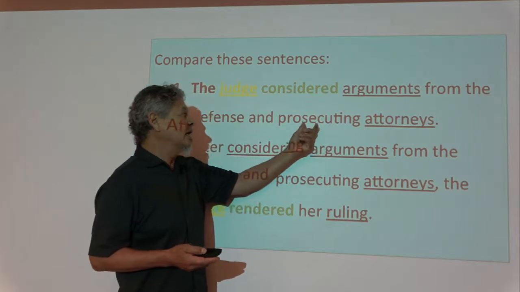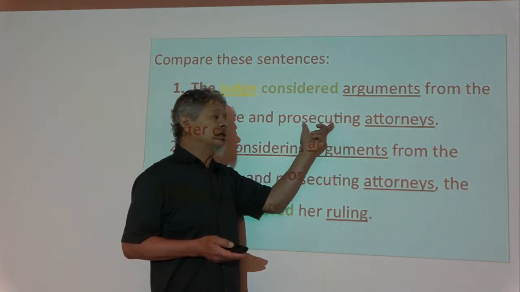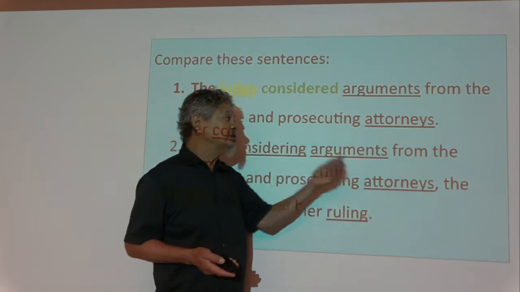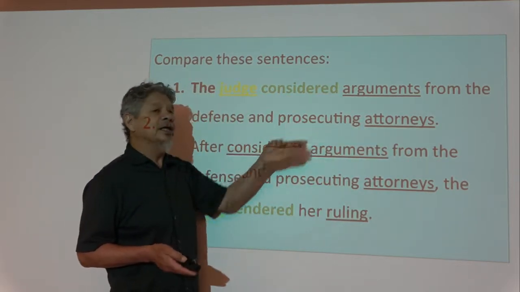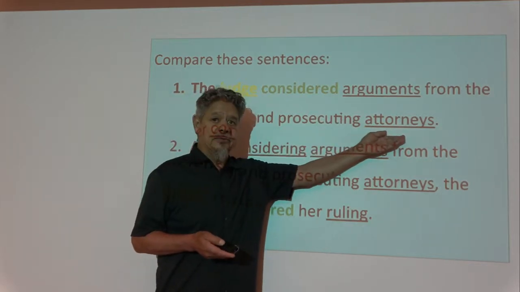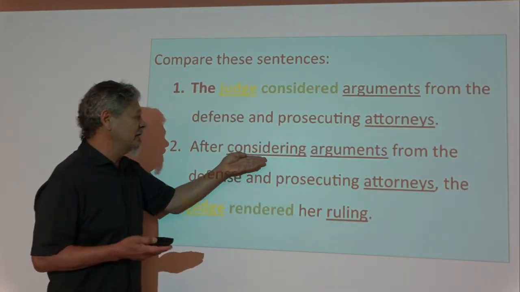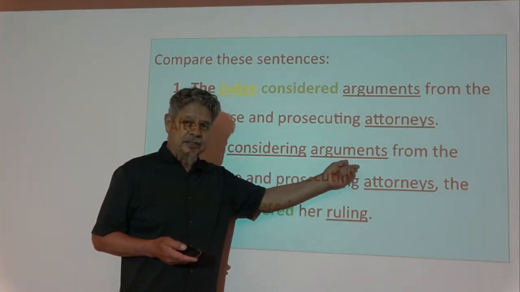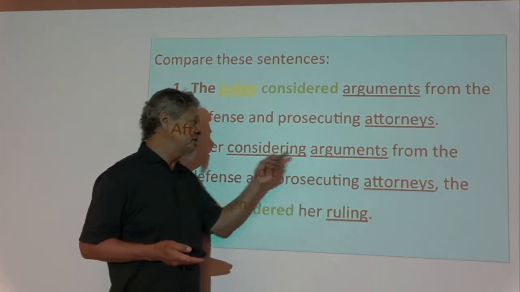These are not divorce attorneys. These are prosecuting attorneys. So here, the ing word is an adjective, and this is the noun. But here we have a gerund and its object. Arguments is the object of the gerund.